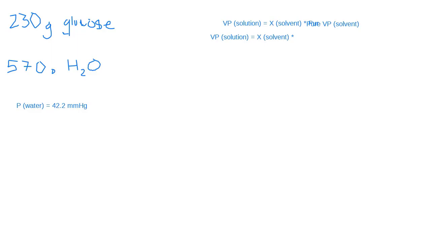Okay, awesome. They told us our pure vapor pressure of our solvent, which is water, is 42.2 millimeters of mercury. So what we're really looking for here is the mole fraction of our solvent.